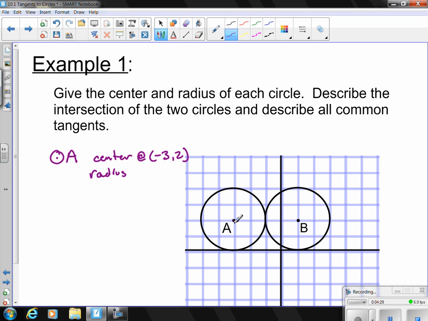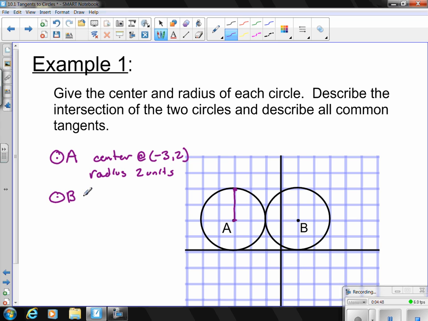When you find your radius, you want to go from the center to a side and over straight down or straight left. Usually those are the easiest to find. So the radius would be 2 units.